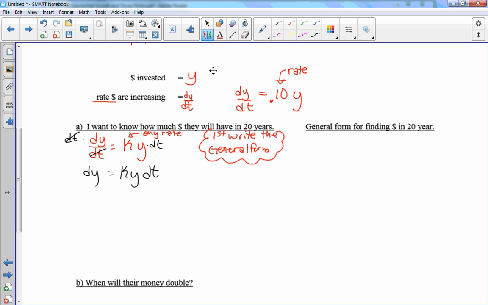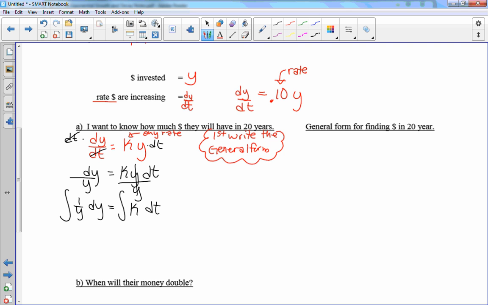We know which side they belong based off the dy and the dt. So we divide by the y. So we have 1 over y dy equals k, some constant, dt. And then, yes, we can integrate both sides.